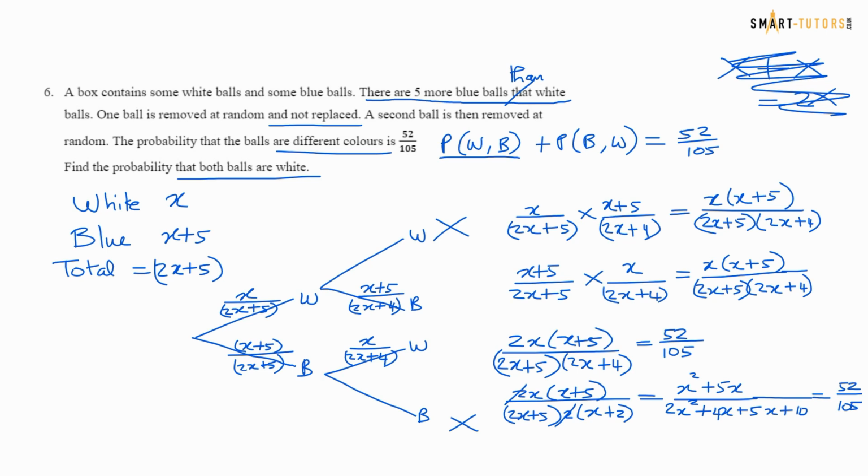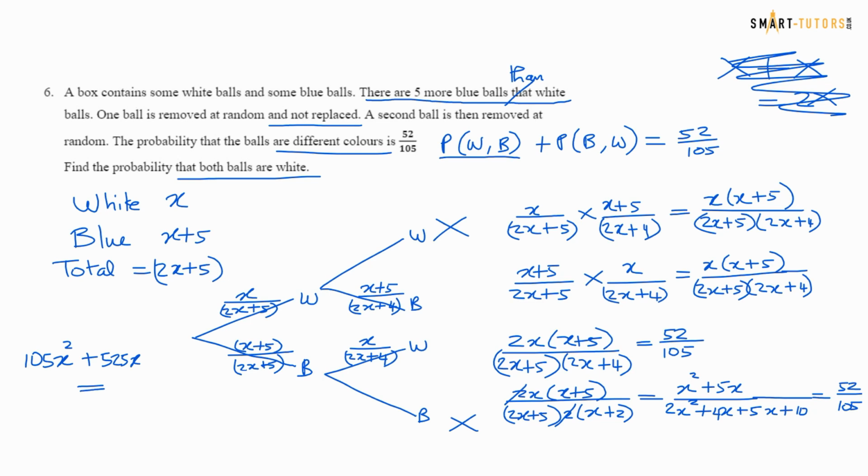So now this is going to be a little bit of harder explanation. So 105 times x squared, 105 x squared here, and 105 times 5 equal 525x.